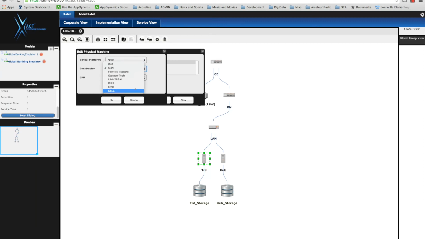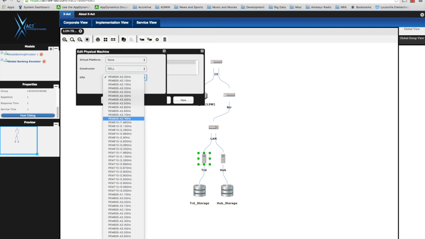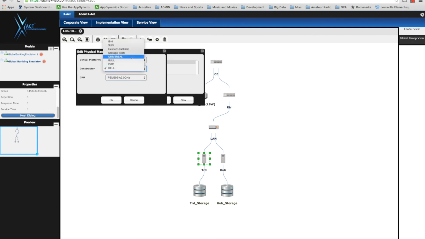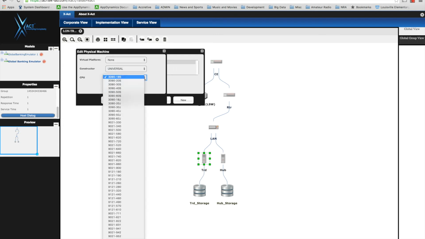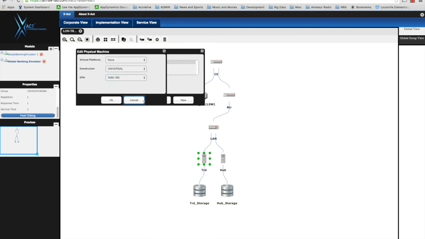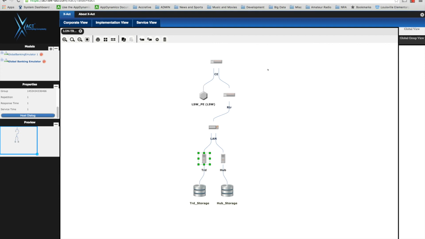We can change it to a Dell and see Dell machines here and select a Dell machine from the catalog, or we could go to the universal catalog and even change platforms, going to a mainframe if we wanted to. That allows us to change the actual hardware platform that this particular server is running.